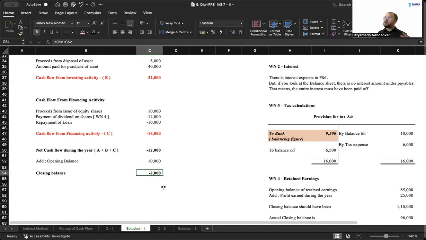But when we do consolidated cash flow statement, this knowledge is going to come in very, very useful. Plus, even in your professional career, understanding, preparation and interpretation of cash flow statement is very important. Hence we decided to do one full question on how to prepare a cash flow statement.